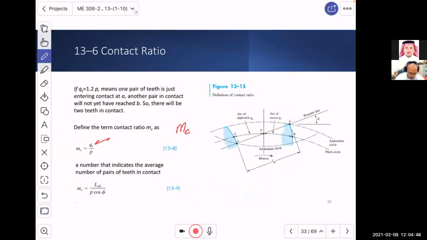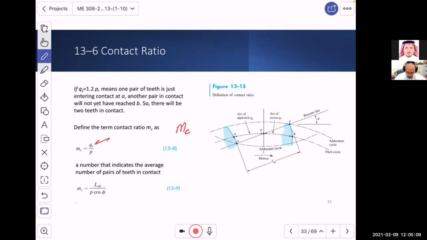What you should know is that if mc is 1.2, it means that one pair of teeth is not just entering the contact, and another pair has not yet reached point B, which means there is more than one pair.